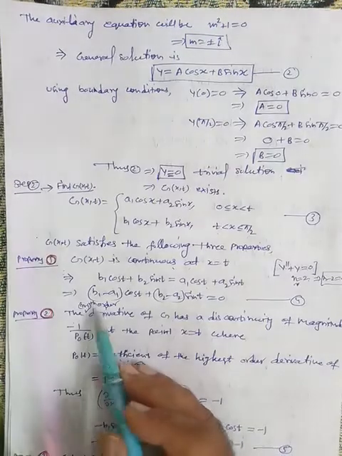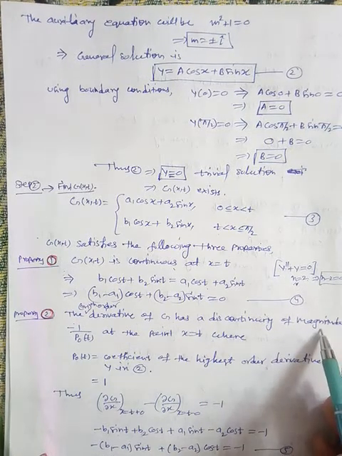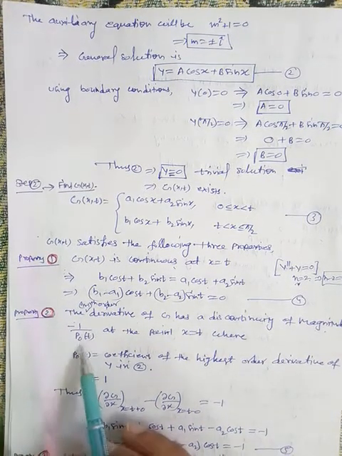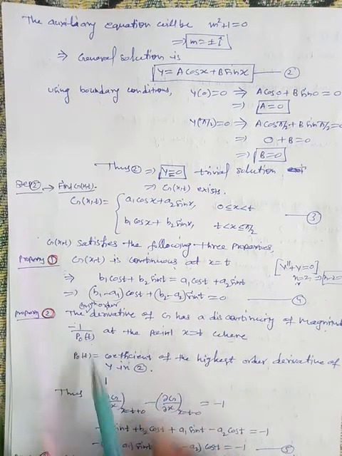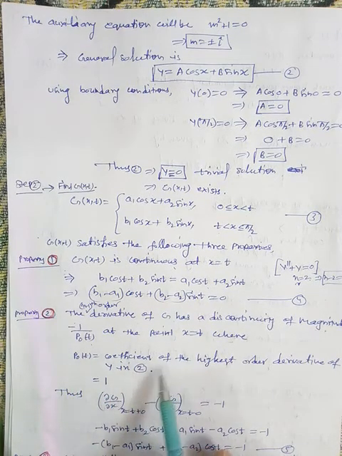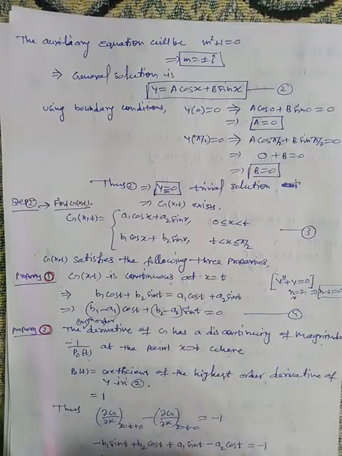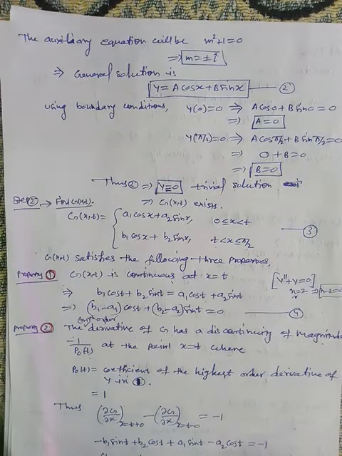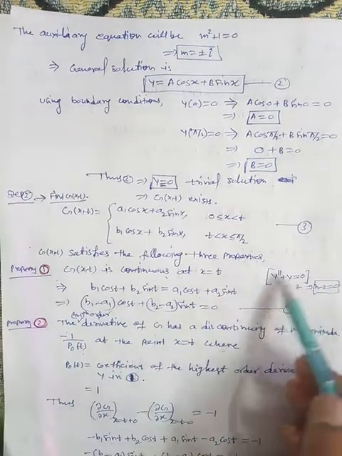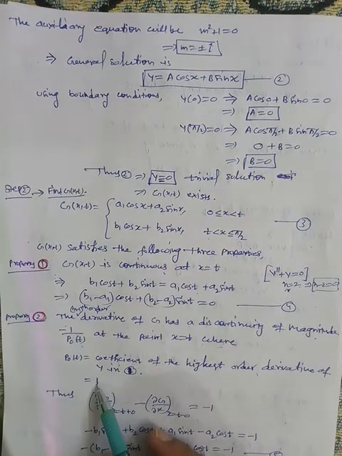The n minus 1th order derivative of g has a discontinuity of magnitude minus 1 by p naught t at the point x equal to t, where p naught t is the coefficient of the highest order derivative of y in equation number 1. And we know that in this differential equation, the highest order derivative coefficient is 1. Hence p naught t is 1.